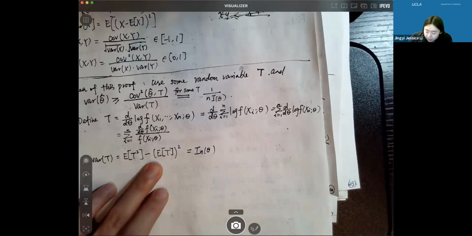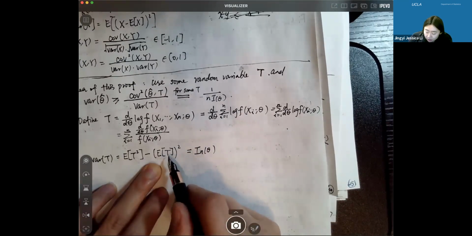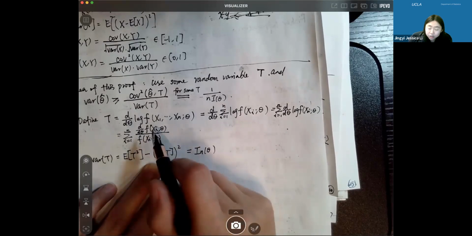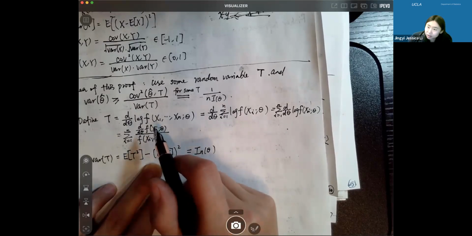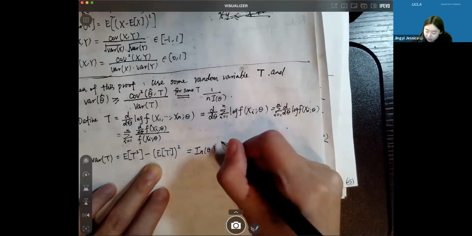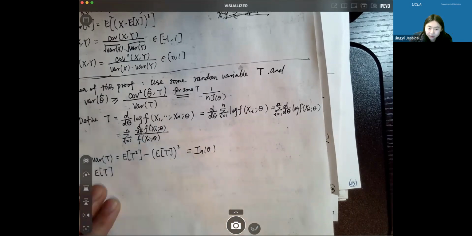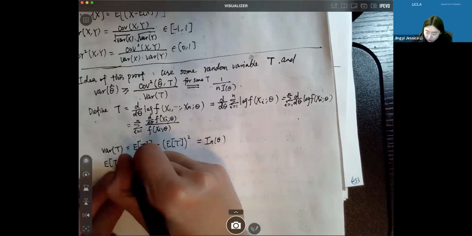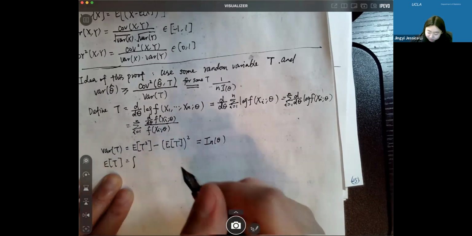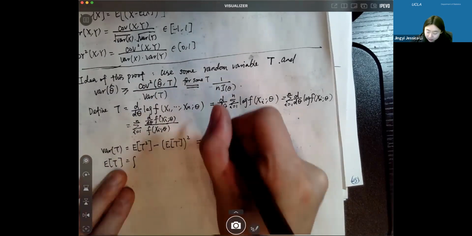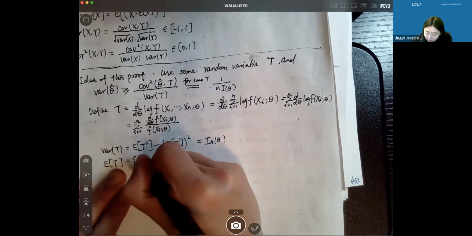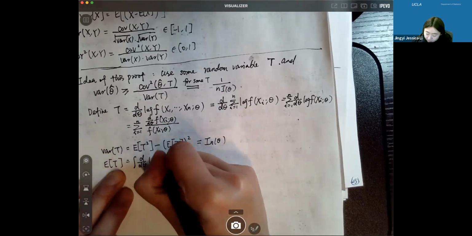Second term, the expectation of T, we can show that it's equal to 0, based on the same argument. Let me give you one more step. This is the T, it should be d theta log f.